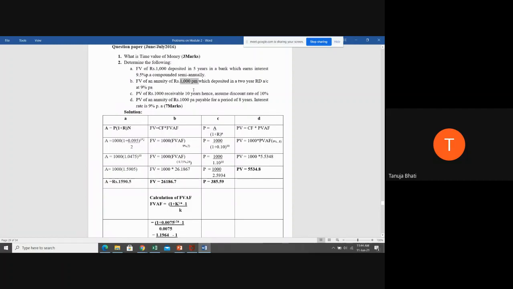See students, when we learned compound interest, or how to find the compounded amount in the future, we learned a concept that compound interest can be calculated monthly, annually, half yearly, or daily. Since the annuity is paid per month, interest will also be calculated on that amount per month.